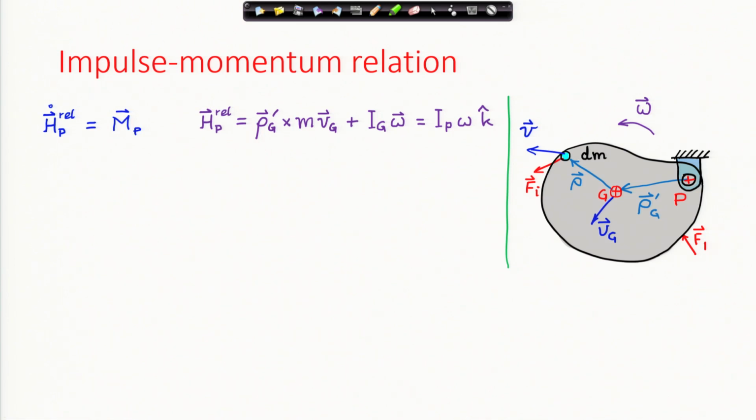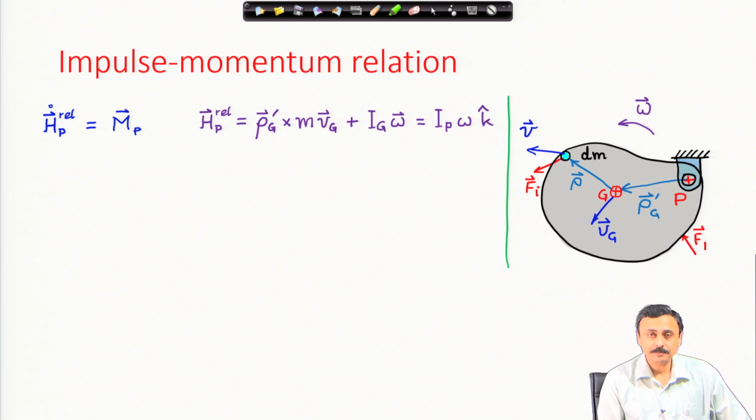Thus, we have H P rel dot as the net moment about P, and the H P rel expression is nothing but I P, the moment of inertia about P, times the angular velocity, which is in the k cap direction. K cap is perpendicular to the plane of the screen.